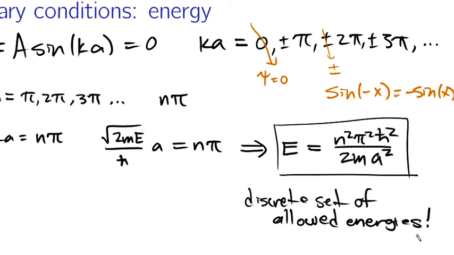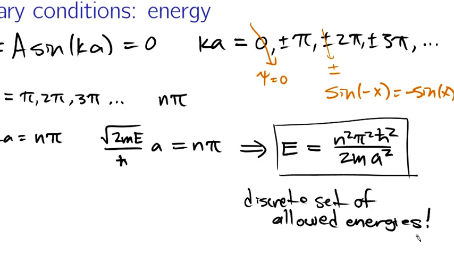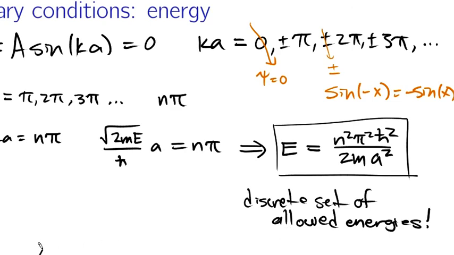This is the quantum part of quantum mechanics. We started with a system that by all respects was continuous and had nothing really discrete about it. And what we ended up with in the end was a discrete set of allowed energies, a discrete set of solutions. Our wave functions look like psi sub n now.